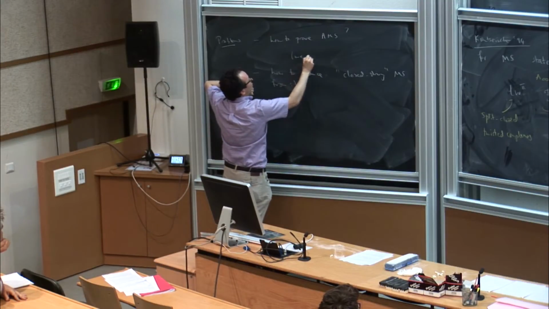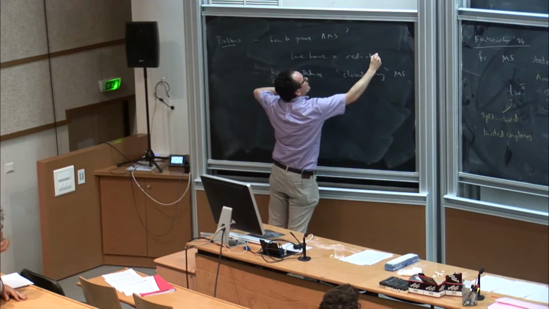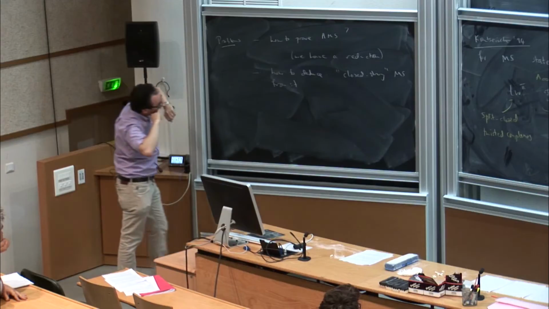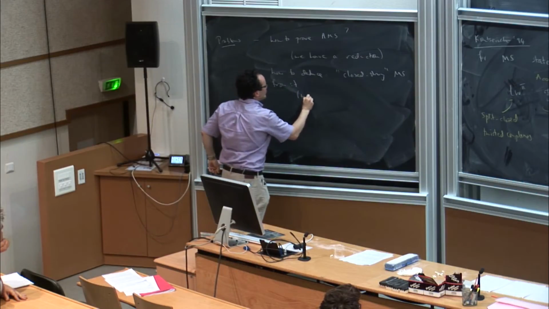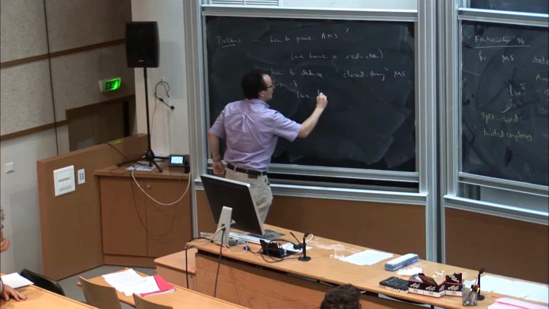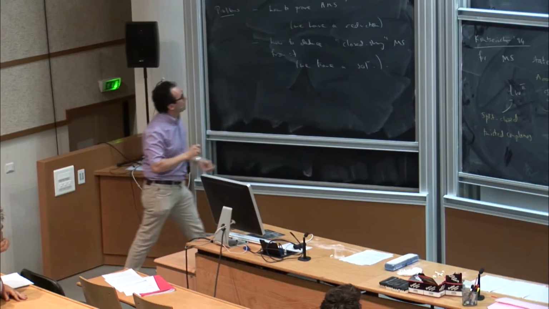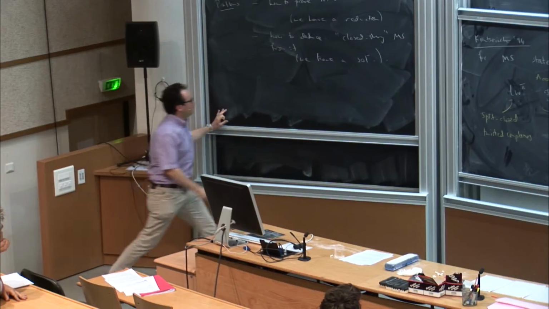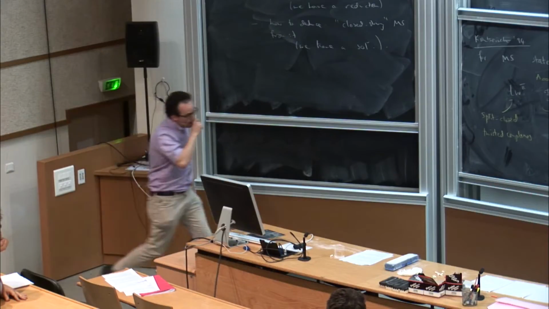We have a reduction that says that it's enough to prove something simpler. But it does give us a solution to this one. And that's really the focus of this lecture and Nick's.